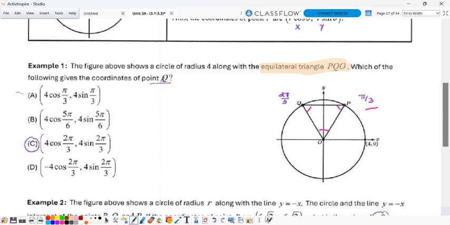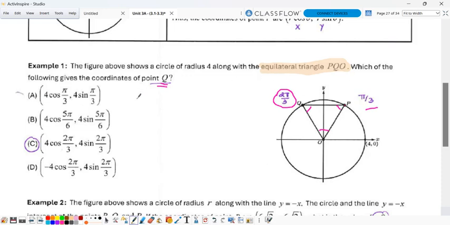Now read again carefully. What are the coordinates of point Q? Many students are rushing to answer the question as soon as they see pi over 3 and point P, and they choose answer A, which is not the case.